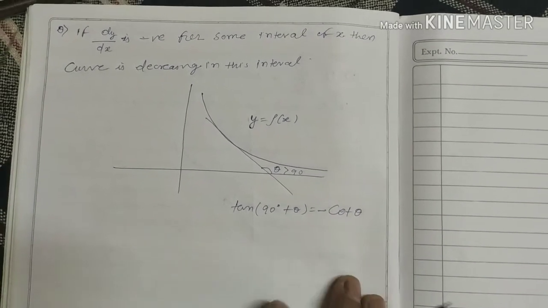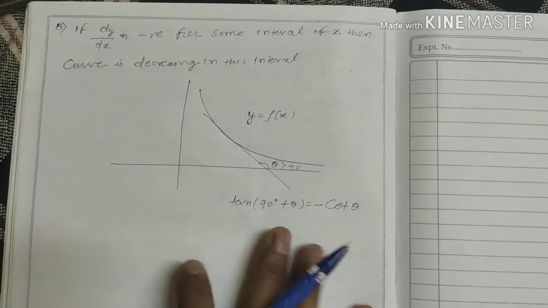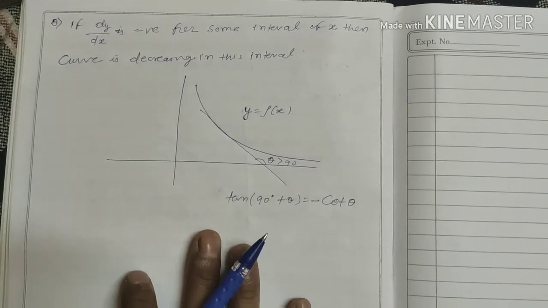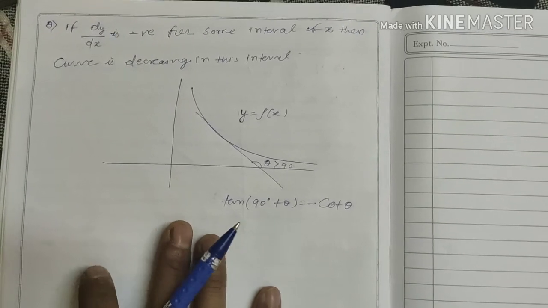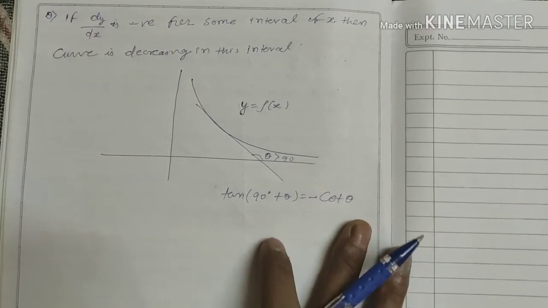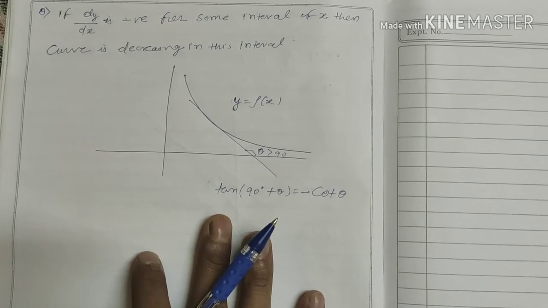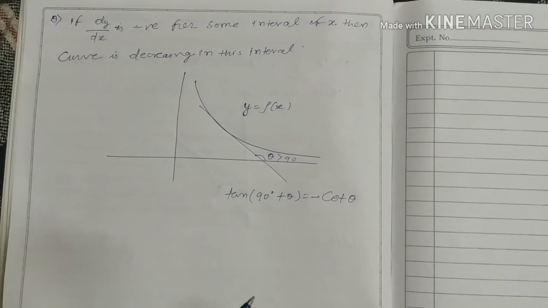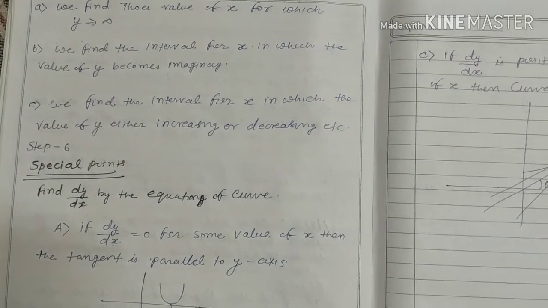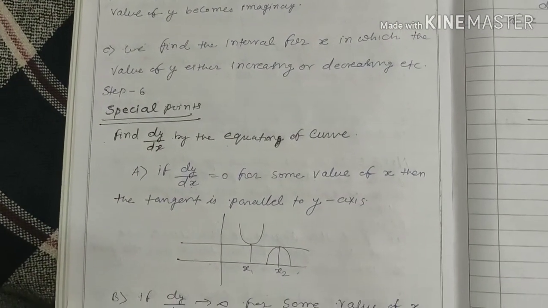Okay. After that we have to solve many examples related to the tracing of a curve concept, and we have to examine the following steps, and the understanding becomes clear by solving examples.